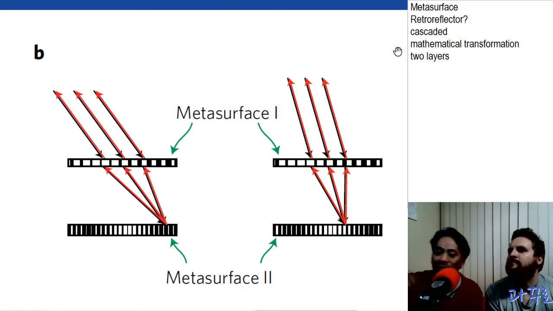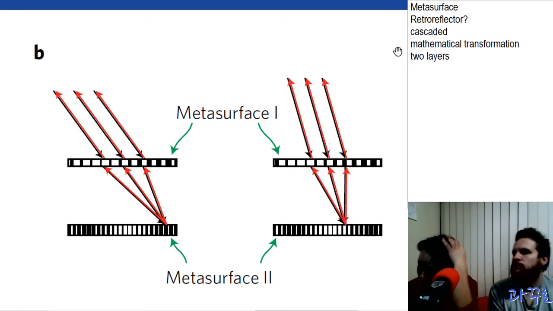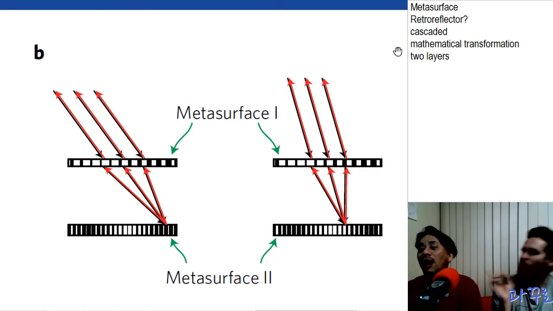I think Metasurface 2 is the one which gives the momentum. And Metasurface 1 is the one which does the Fourier transform. So it works as a lens. It focuses the plane wave into one focal point, and it goes to Metasurface 2. Now I see.